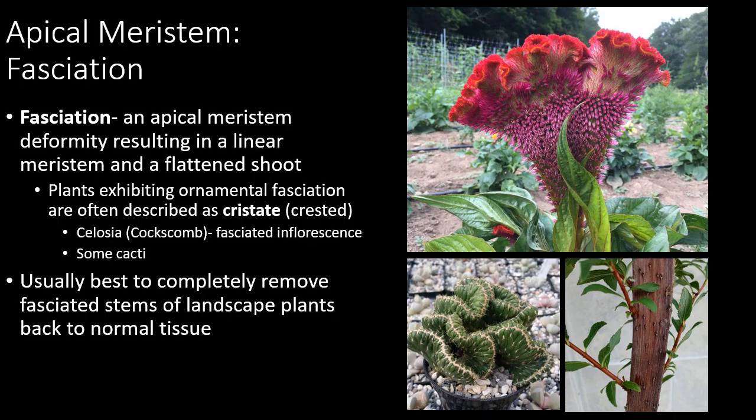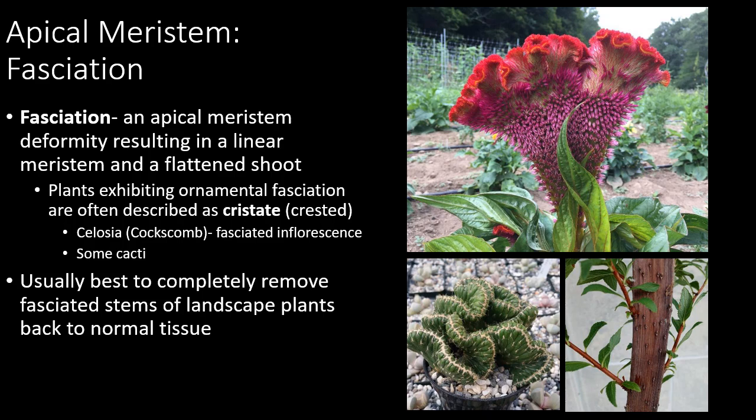When you see fasciation on landscape plants, it is kind of cool. You can see in this bottom right corner, there's a fasciated stem of some kind of landscape shrub. But it's usually best to remove these fasciated shoots. They don't tend to look very good, and they don't tend to produce normal growth after that point.